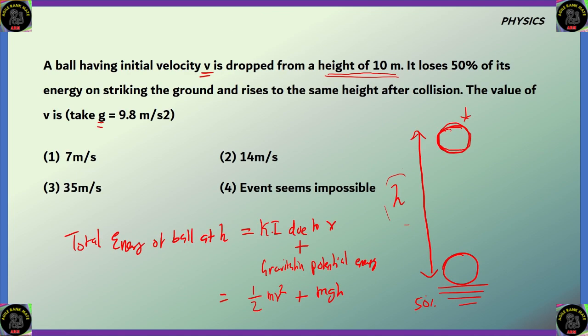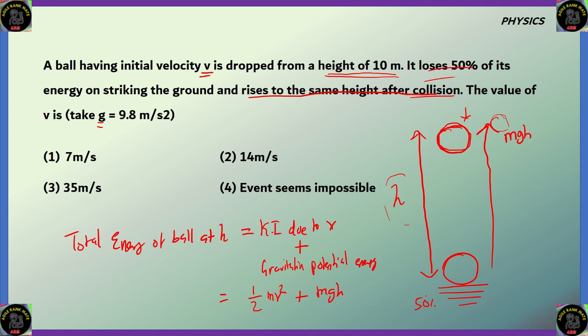The question also says that after striking the ground, it rises to the same height after collision. So it rises back to height h. Now, what would be the energy at height h? It will only have potential energy of mgh.